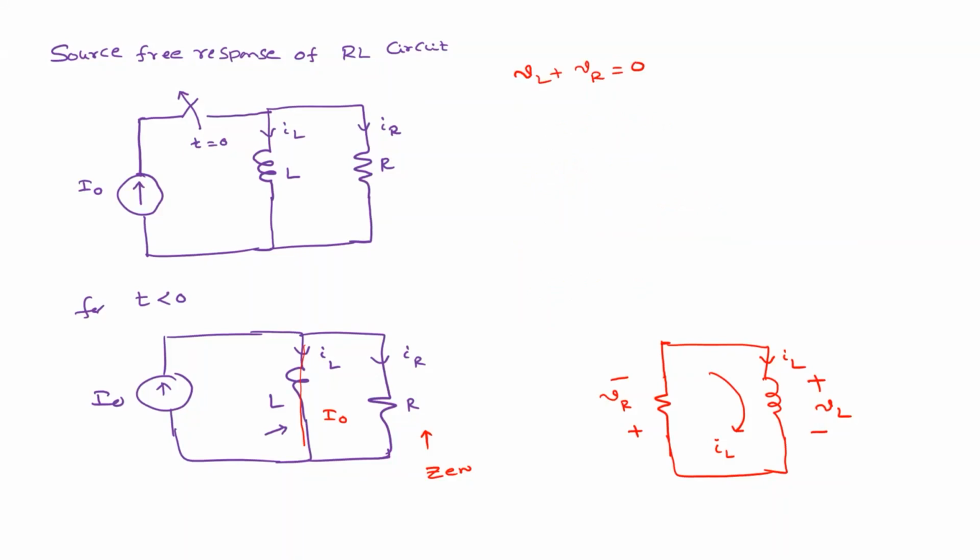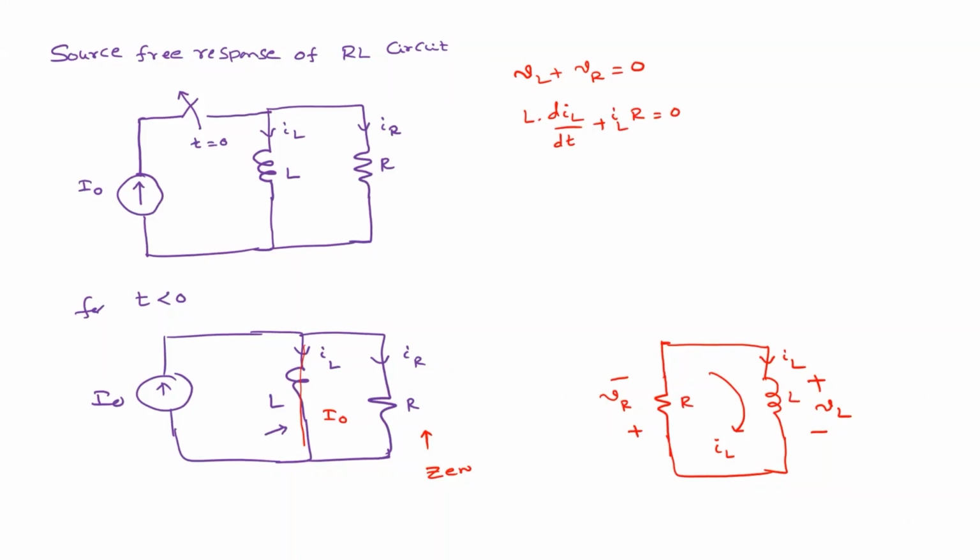If you know the current, the voltage is L dIL by dt. And what is the current through the resistor? IR is IL into R. So L dIL by dt plus IL into R is equal to 0.